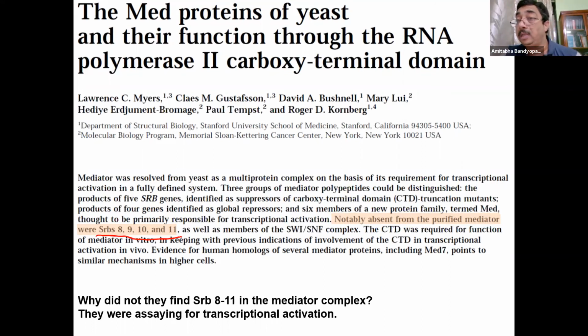While lac operon is an inducible operon where the default state is off, only when you need it, it is turned on. So that will be the case with the SNF mutants. They must be involved in activation of transcription, right? So these 4 SRBs were missing in the mediator complex that Roger Kornberg first isolated.